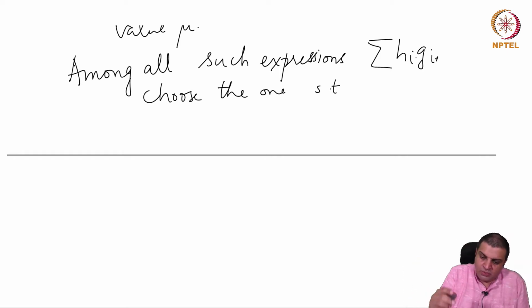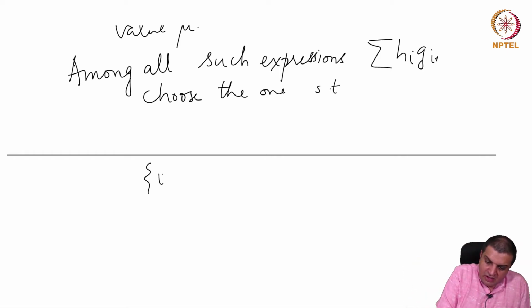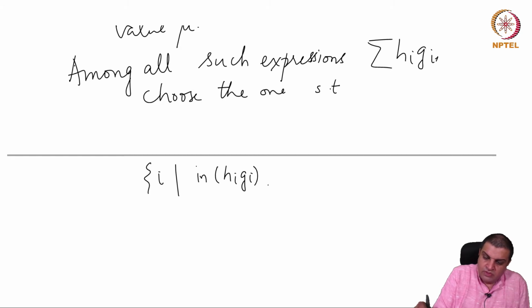So choose the one in which the set of I such that the initial term of HIGI is equal to mu is minimum.